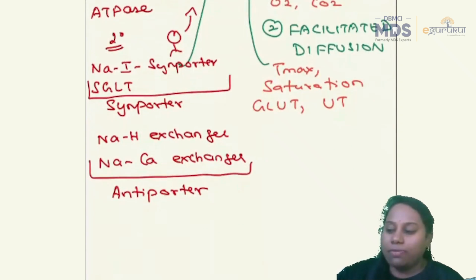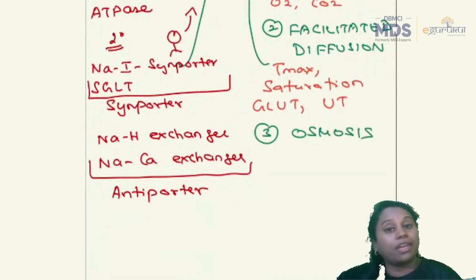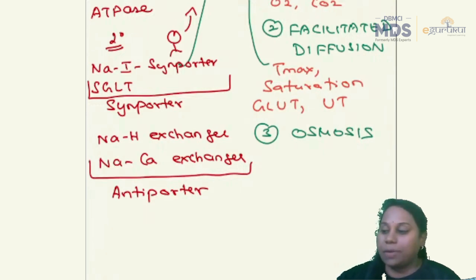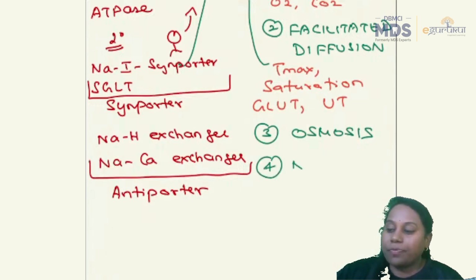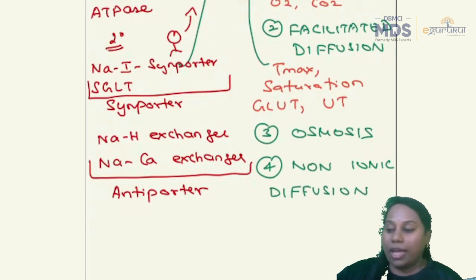The other type of passive transport is osmosis, the movement of water. Water can move simply or it can use transport proteins, aquaporins. The other type of passive transport is non-ionic diffusion. Non-ionic diffusion means not for ions.